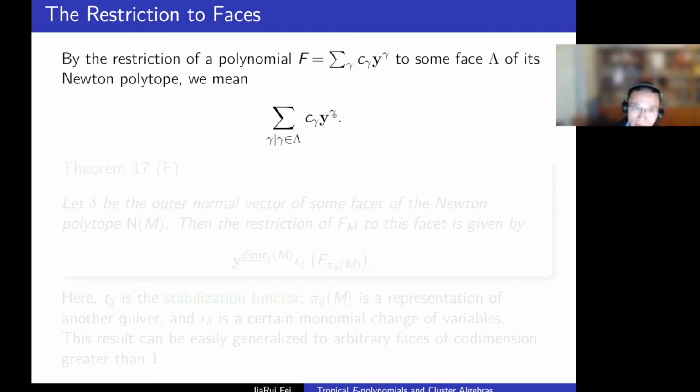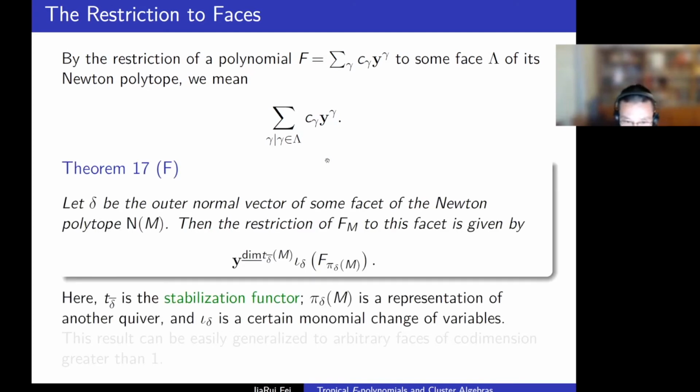That's what I mean by restriction of a polynomial to a particular face. This restriction also has a representation-theoretic interpretation. Suppose delta is a normal vector of the Newton polytope. Then the restriction of this F_M to this facet is given by the following formula.